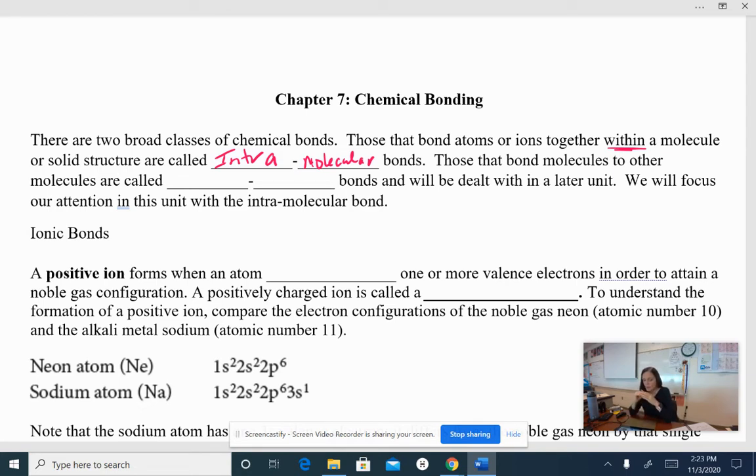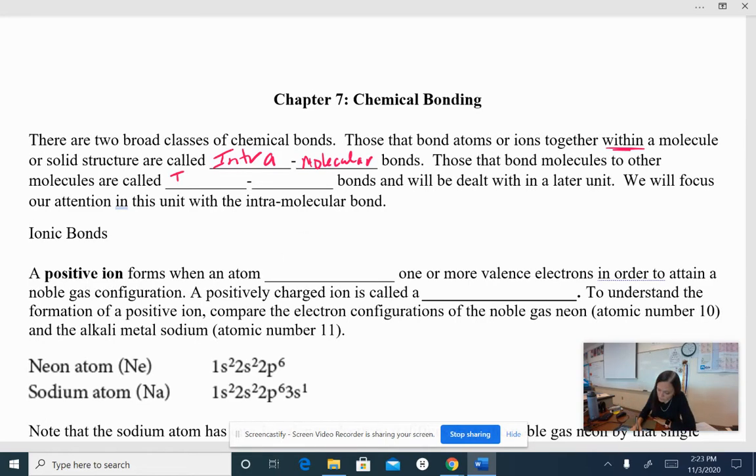Those that bond molecules to other molecules are called inter. Inter in Latin means without or outside. So intermolecular. And we will deal with intermolecular bonds in a later unit. So this unit is all going to be about intramolecular bonds, or the bonds within individual compounds, within individual molecules.